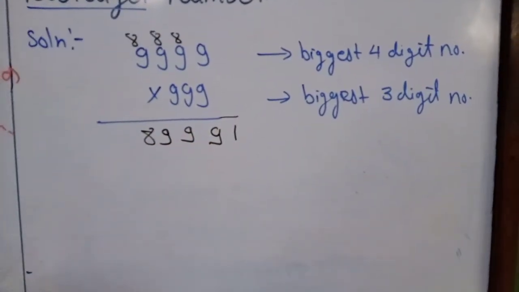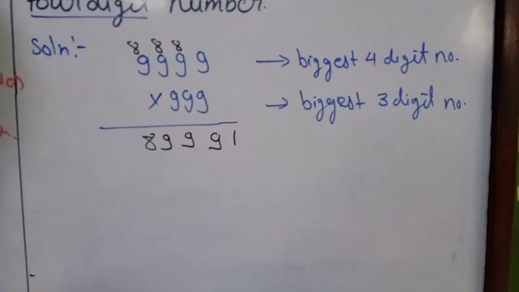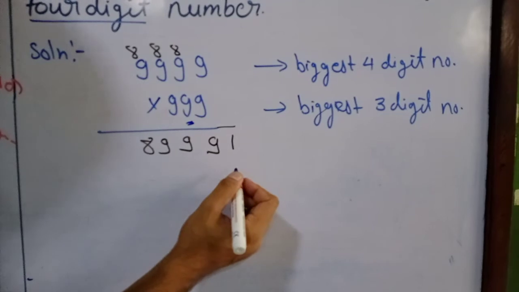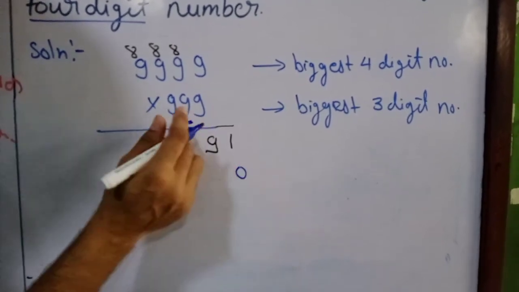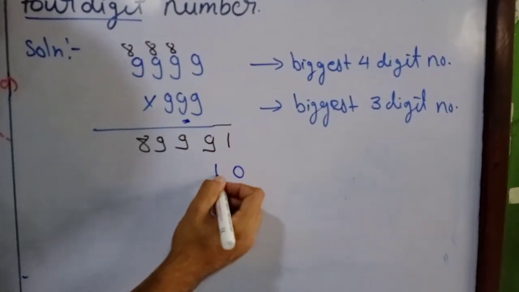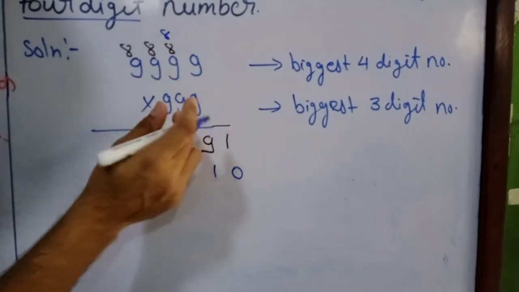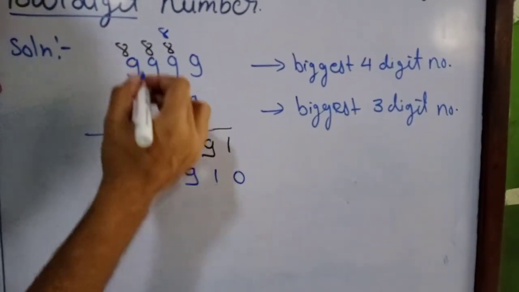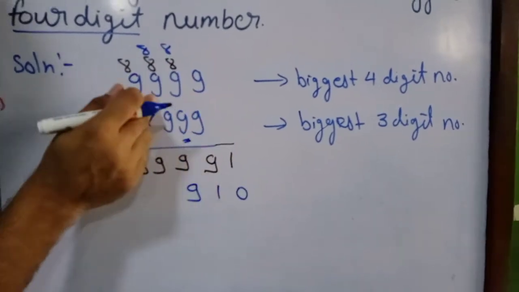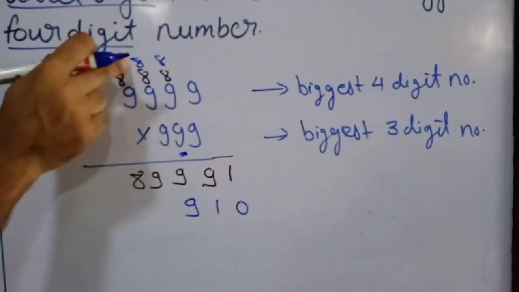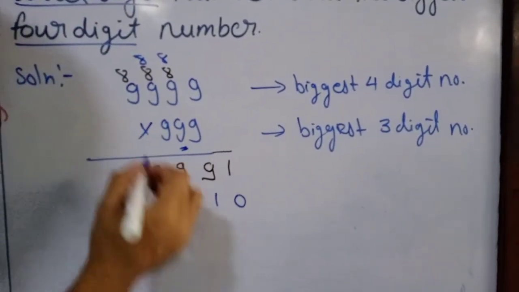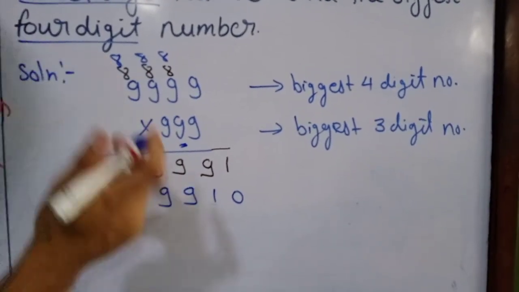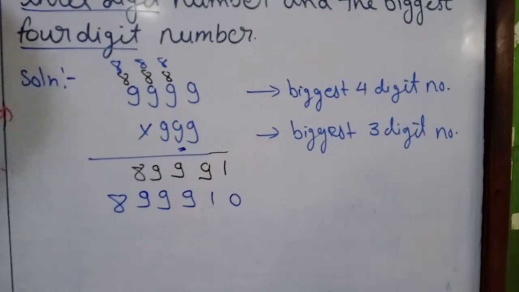We did that. After that we have to multiply with this second 9, that is at the place of 10. So put 0. 9 9s are 81, 1, 8 carry. 9 9s are 81 plus 8, 89, 8 carry. 9 9s are 81, again add 8, we get 89, 8 carry. 9 9s are 81 plus 8, 89.